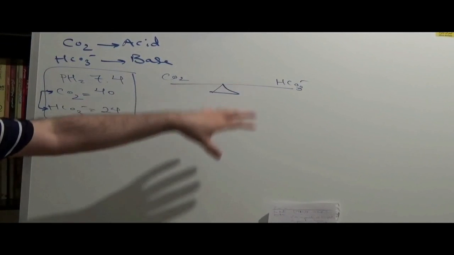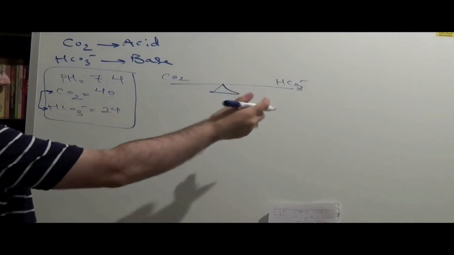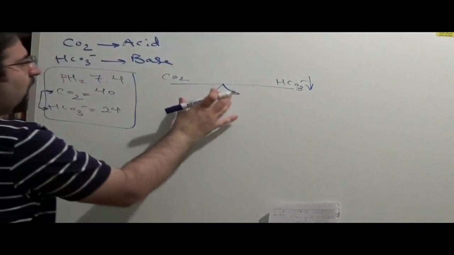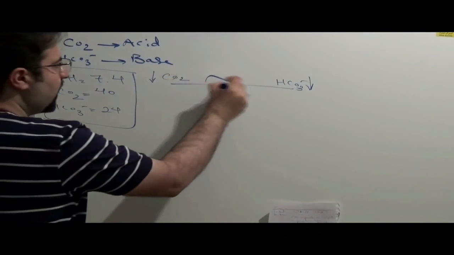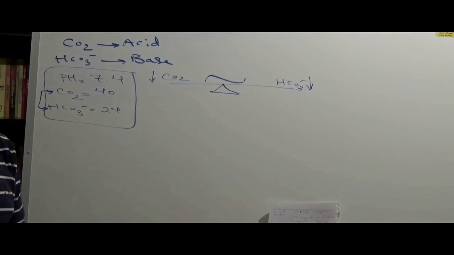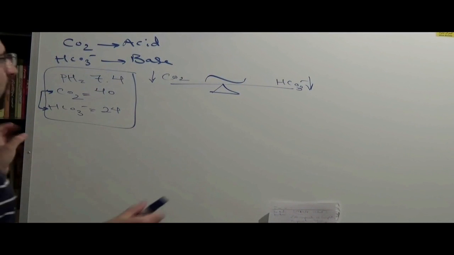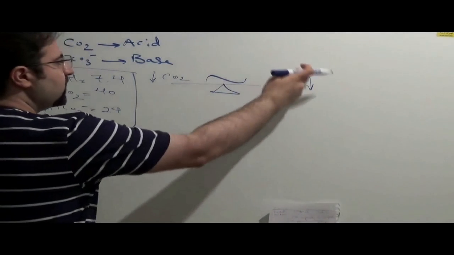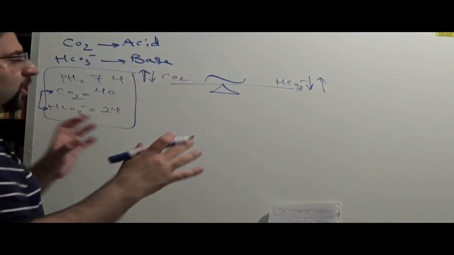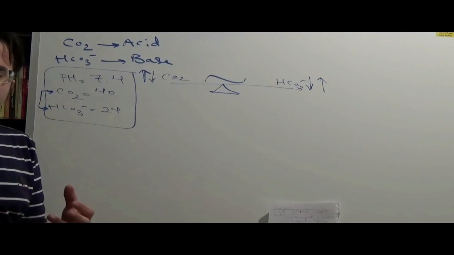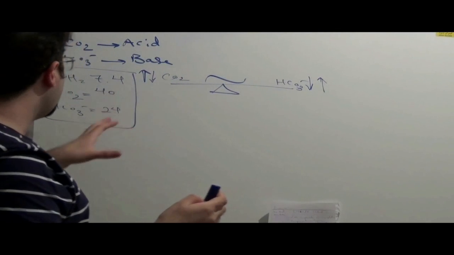So when we are losing, for example, this one, body tries to lose this one to make everything again equal. We call it compensation. When this one is increased, body tries to increase this one. I'm trying to say that compensation is only about going in the same direction.